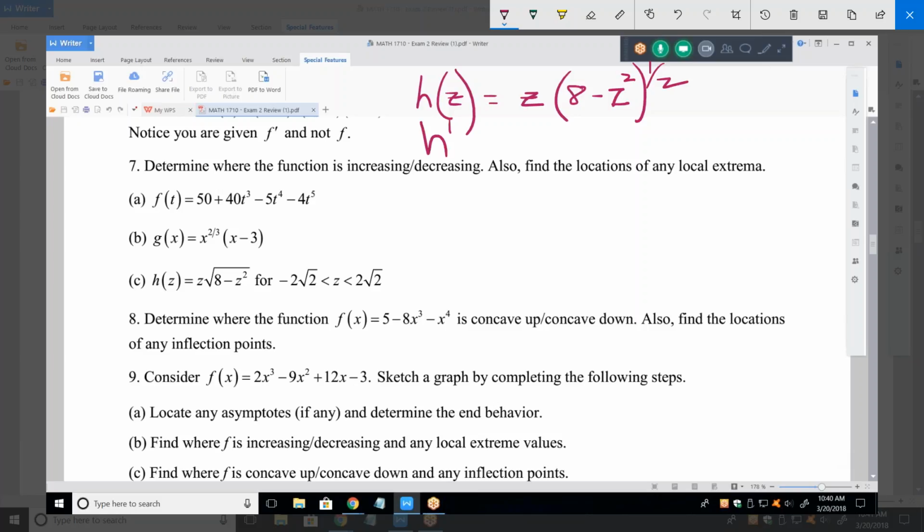The first derivative is 1, and then it's 1/2. When you use the product rule, it's the derivative of the first thing that's being multiplied times the second thing plus the reverse.